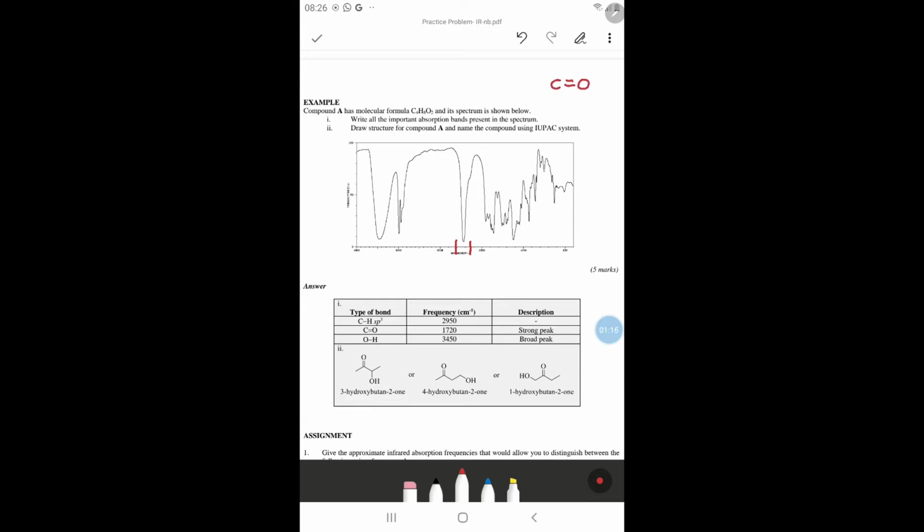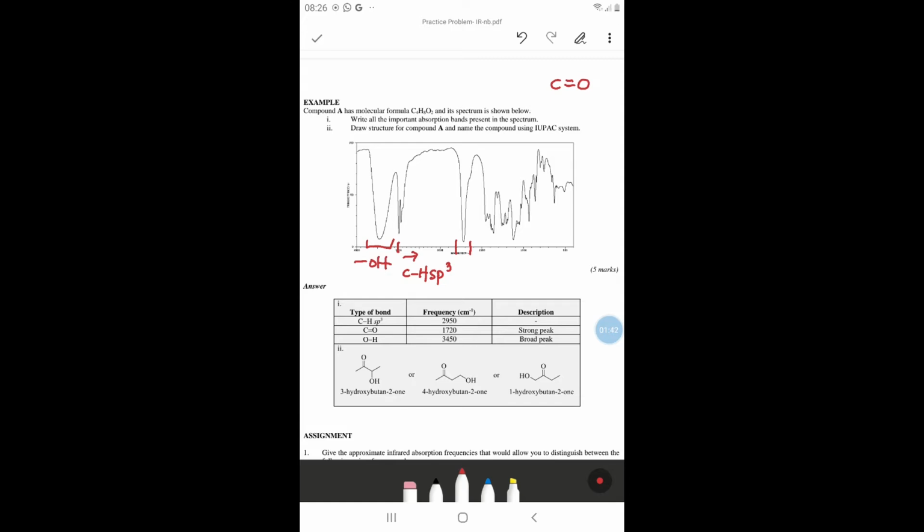What else? You have a very broad peak here, which you can only see if you have the OH. Anything below 3000 is CH sp3. Anything above 3000 might be CH sp2 or CH sp.